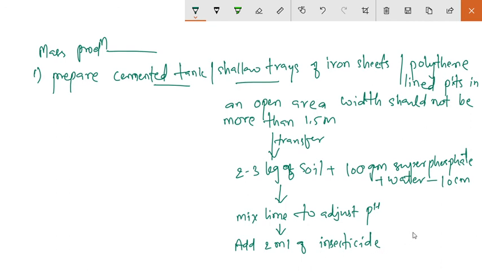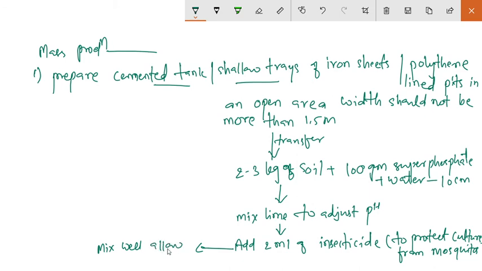To protect the culture from mosquitoes. And it is mixed well and allowed to settle, the soil will settle there.